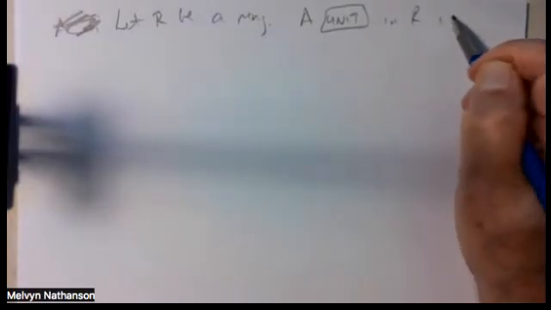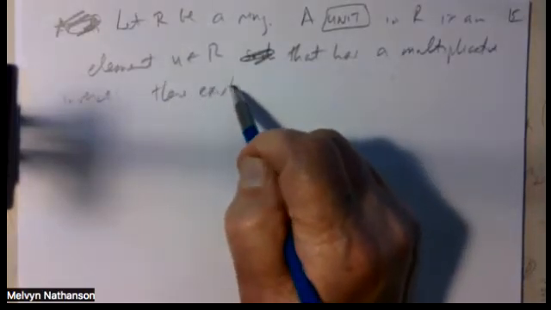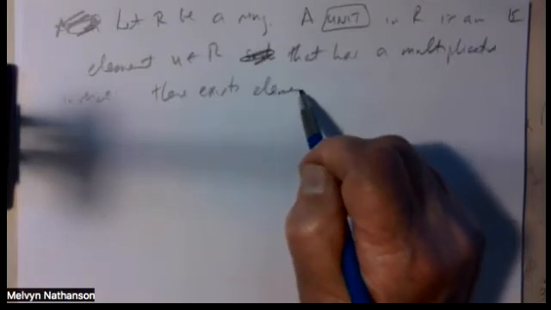A unit in R is an element U in the ring that has a multiplicative inverse. That means there exists an element V in the ring such that U times V and V times U equals 1.